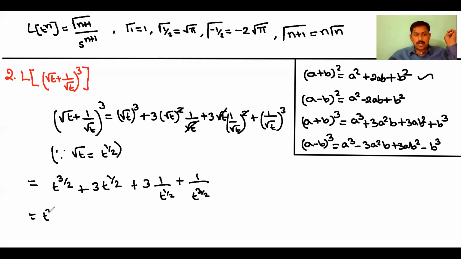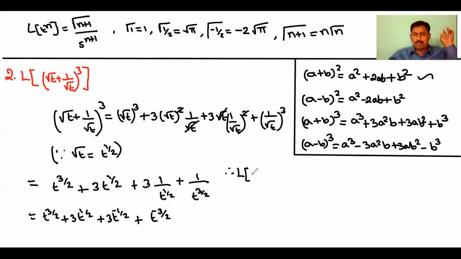So here I can write 3 t power half, plus 3 t power minus half. We can take it to the numerator and write it, or we have to multiply the numerator and denominator by t power minus half. Okay, and here multiply numerator and denominator by t power minus 3 by 2. So we'll get this value.